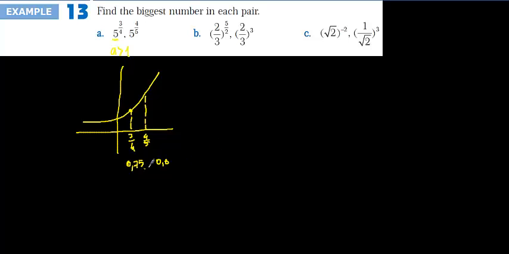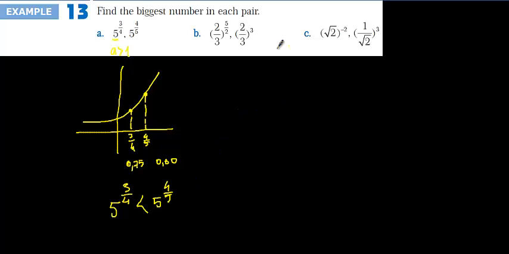This may not seem like a good graph, but 0.75 and 0.80. A is greater than 1, so which one is bigger? 4 over 5 is bigger than 3 over 4, so 5 to the power of 3 over 4 is smaller than 5 to the power of 4 over 5.